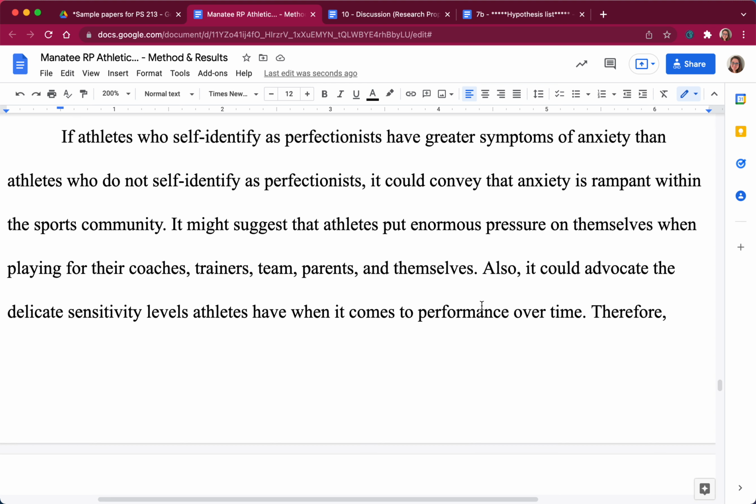The rationale behind this person's hypothesis was that they really think that athletes who are perfectionists create anxiety through the pressure that they put on themselves. But I want you to always have at least one idea here that questions your main assumption. So I want you to offer at least one explanation for why you might get this result.